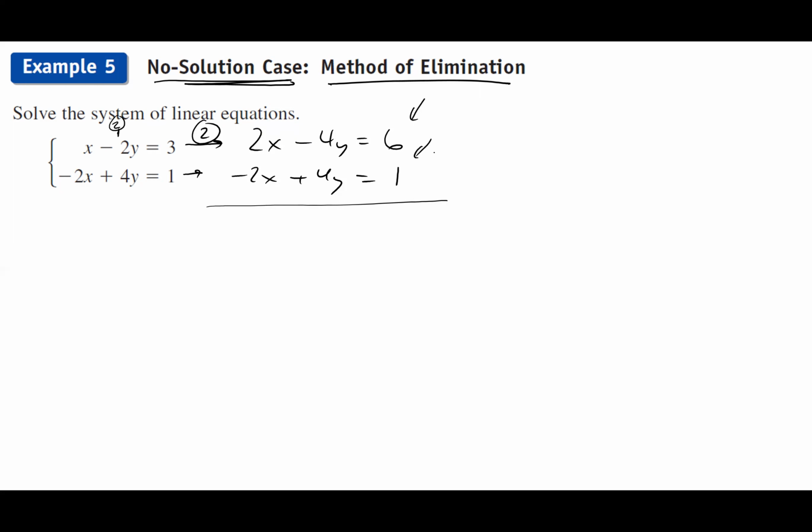Wait, so we just simplify to add 2 right away. But then we would get 0 equals 6. Wait a minute, stop it.